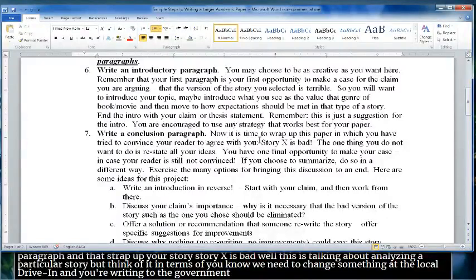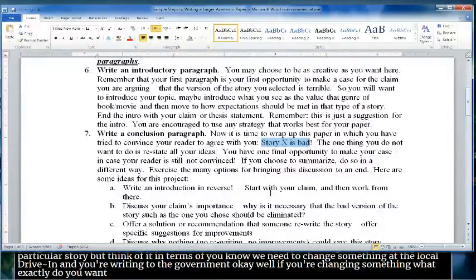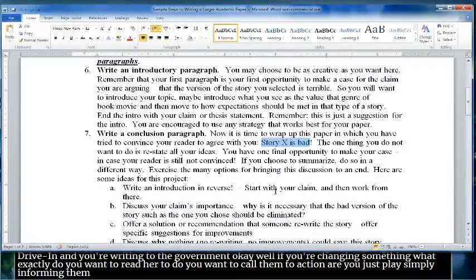Okay? Well, if you're changing something, what exactly do you want your reader to do? Do you want to call them to action? Are you just placidly informing them of the opinion? Those aren't very good papers.